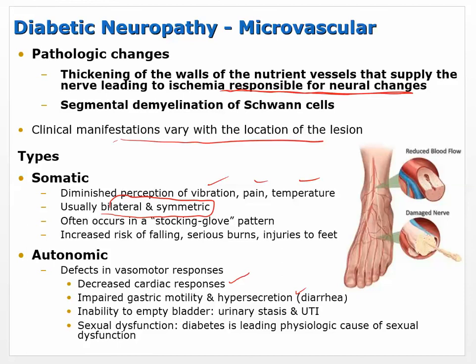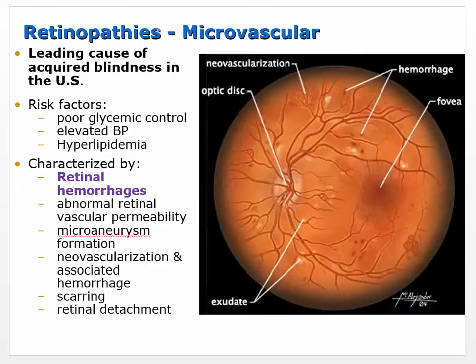As an example. So retinopathies, again, leading cause of acquired blindness in the US. Risk factors: poor glycemic control, so you're not controlling your blood glucose, elevated blood pressure, hyperlipidemia, so increased lipids. All of these things are associated, especially with type 2, but also type 1. Characterized by retinal hemorrhages.